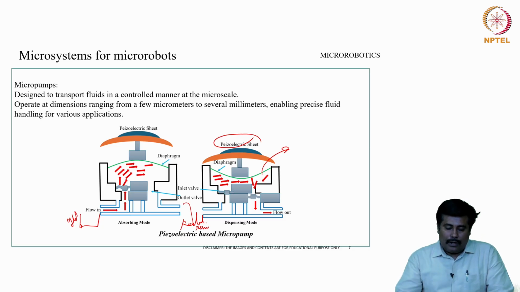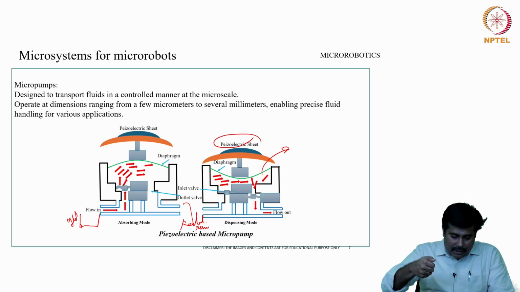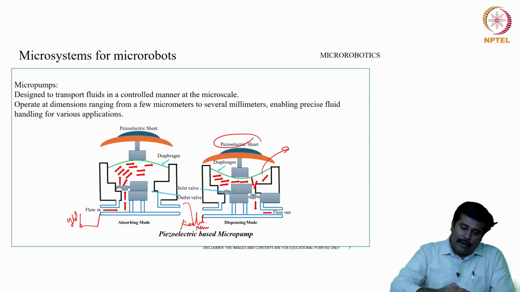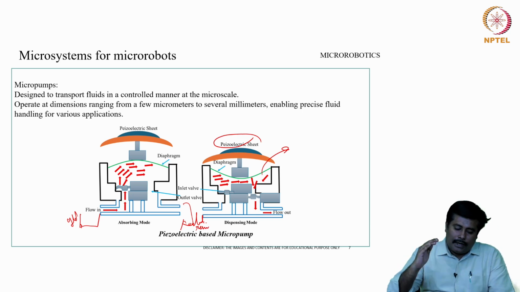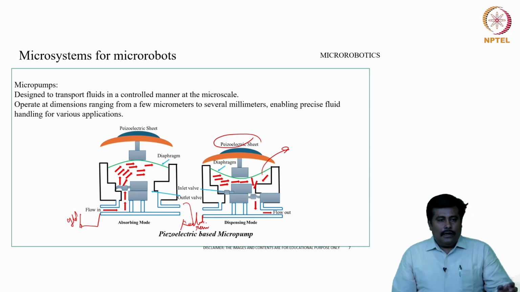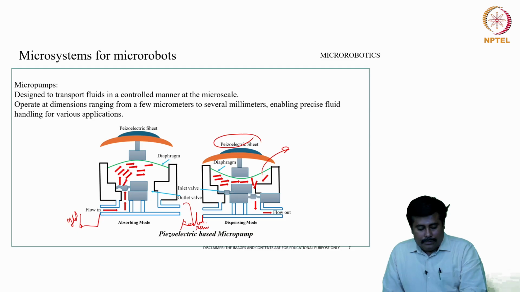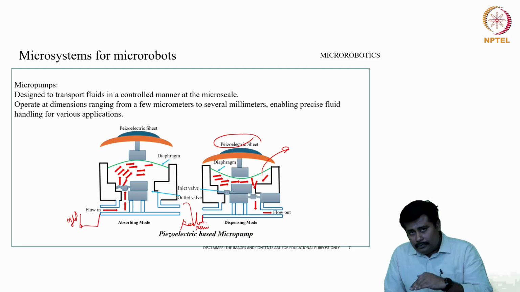The main role of this piezoelectric sheet is to create a suction mechanism, so that the diaphragm moves along with the piezoelectric actuator and creates suction in this domain, finally pumping the liquid from the reservoir and making it flow through the outlet.